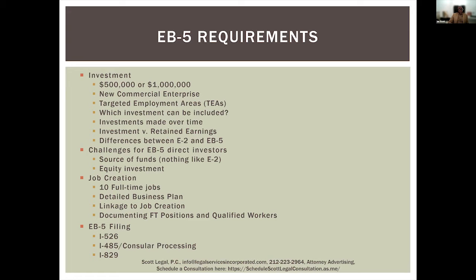So now this introduces us to another significant difference between E2 and EB-5, and that is source of funds. Most E2 petitions, when you go to the consulate, the requirement on paper looks the same. The requirement says that you have to prove that the money came from a legitimate source.